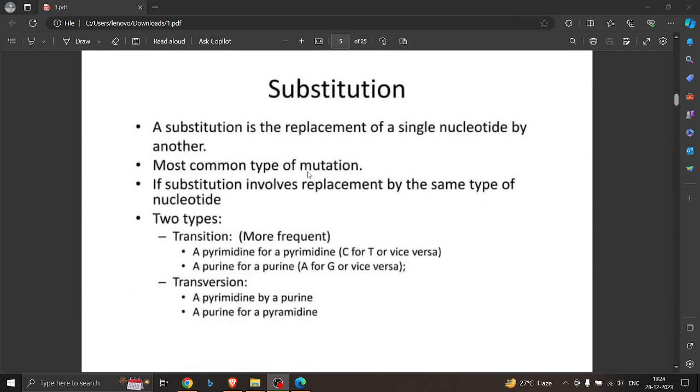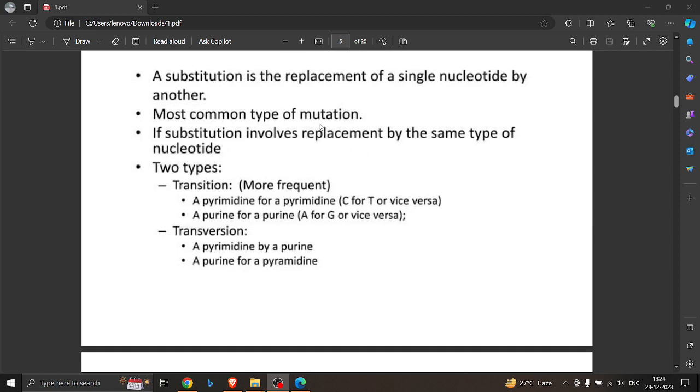So what is substitution? A substitution is the replacement of a single nucleotide by another. It is the most common type of mutation.